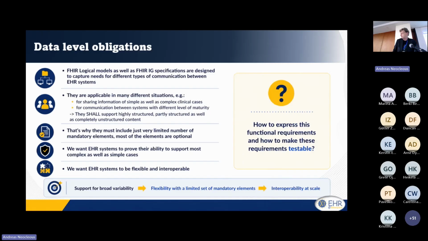Basically, we had long discussions which tools to use, how to achieve that flexibility based on the expected functions of the different kind of information solutions. But from the beginning, it was clear that we are going to utilize something that already has been prepared by HL7, and that's called the obligation framework.